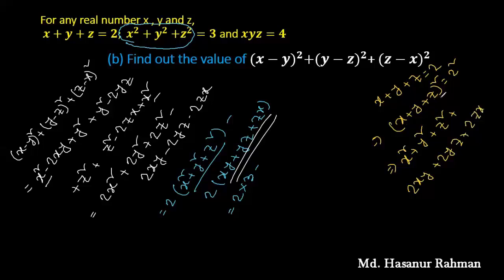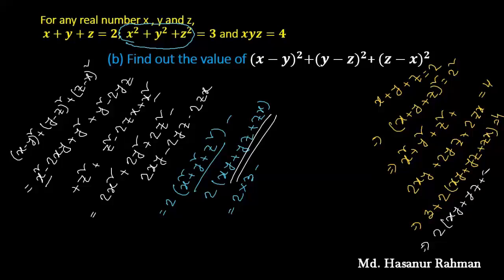Actually, x plus y plus z whole square should be x square plus y square plus z square plus 2xy plus 2yz plus 2zx equals 2 square, that is 4. So we know the value of x square plus y square plus z square, that is 3. So 3 plus 2 into xy plus yz plus zx should be 4. So what will be the next line? That next line should be 2 into xy plus yz plus zx.